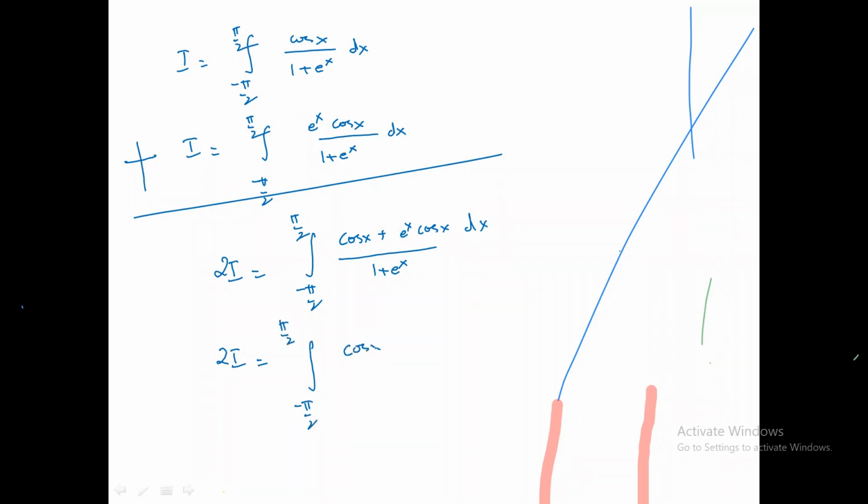I can take cos x common: 1 plus e power x by 1 plus e power x dx. After cancelling 1 plus e power x, I have 2I equal to the integral from minus pi by 2 to pi by 2 of cos x dx, which is very easy for me. The integral of cos x is sin x. Put the bounds minus pi by 2 to pi by 2.